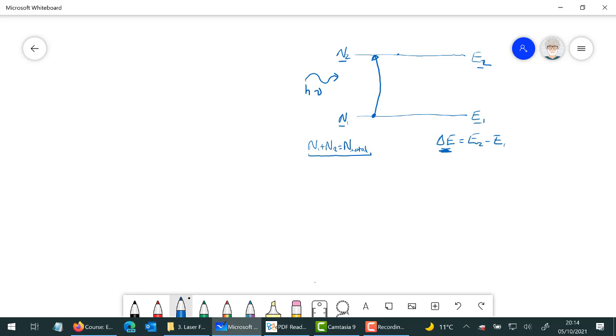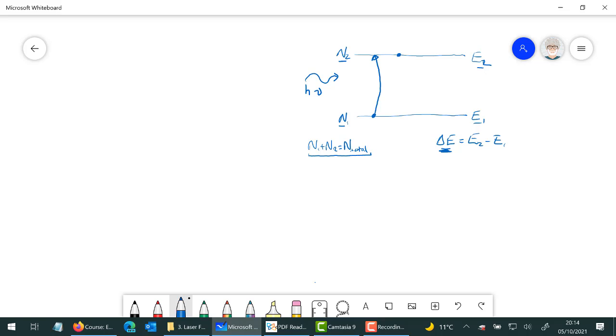Now, once it gets up there, it's going to stay there for a while. But any system, if you give any system too much energy, it usually likes to get rid of it. So if you heat something up, eventually it cools down. If you have a pencil balancing on its point, then it's got too much potential energy, and what it wants to do is to fall over and lie flat.